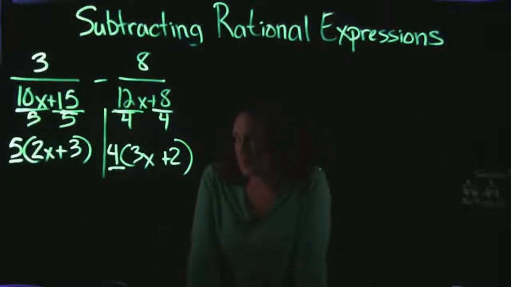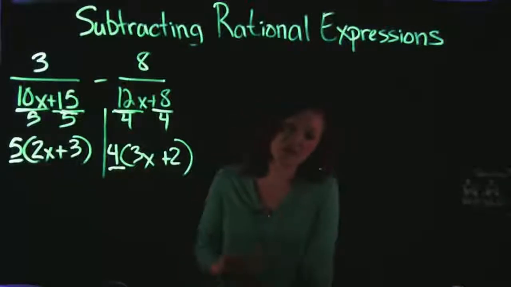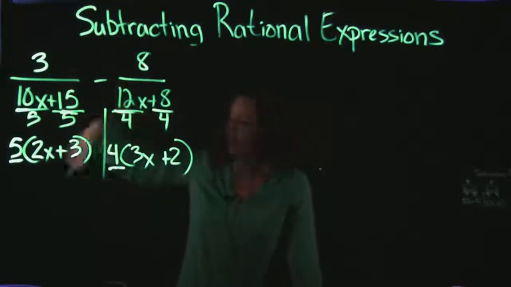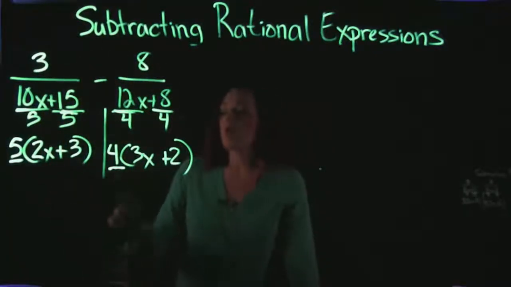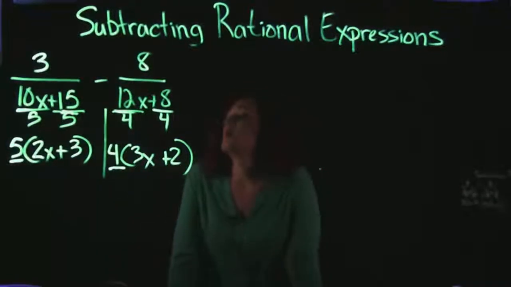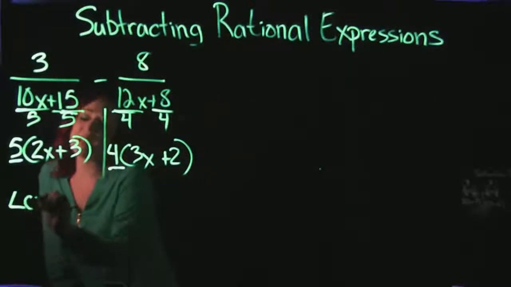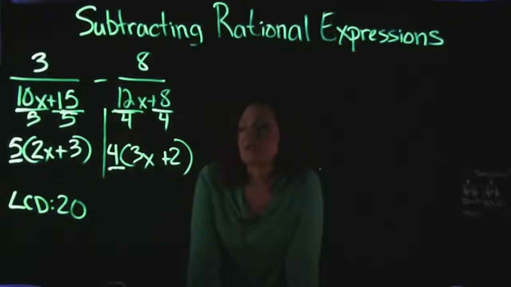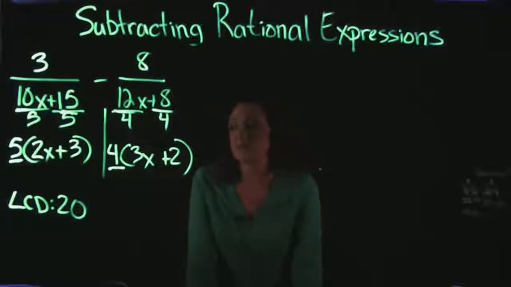Taking a look at your times tables, 5, 10, 15, 20, 25, so on and so forth. 4, 8, 12, 16, 20, so on. The first number that a 5 and a 4 have in common is 20. So 20 would be our common denominator as far as our numbers are concerned.